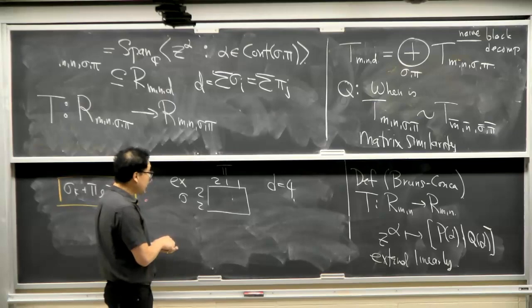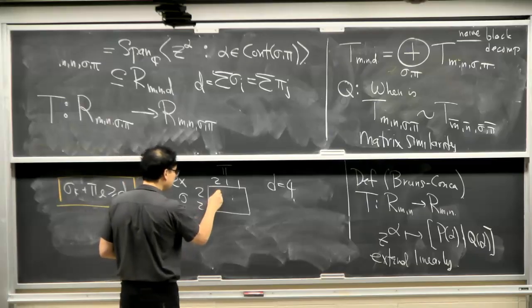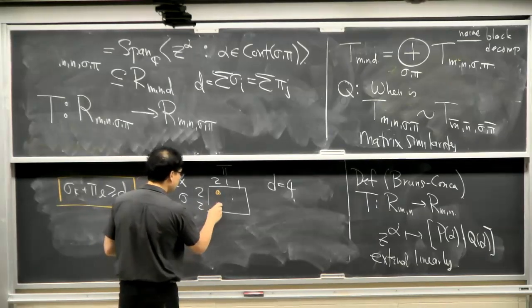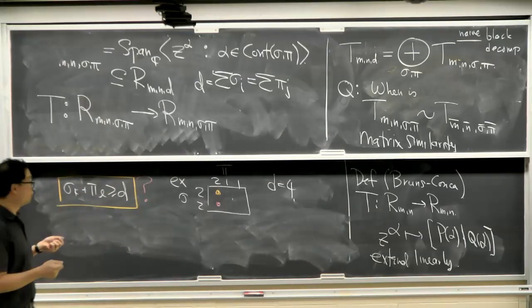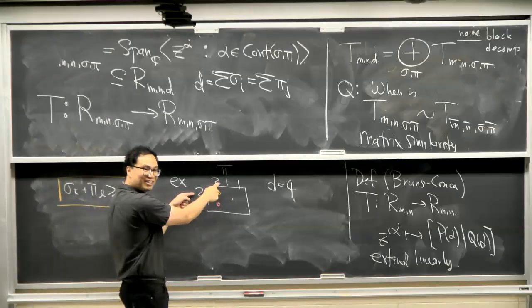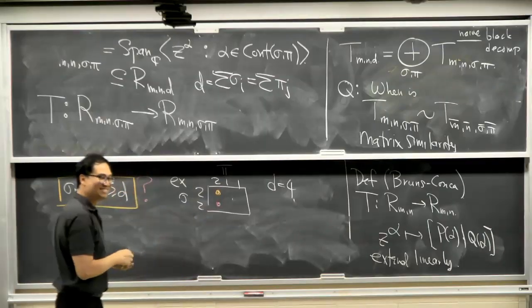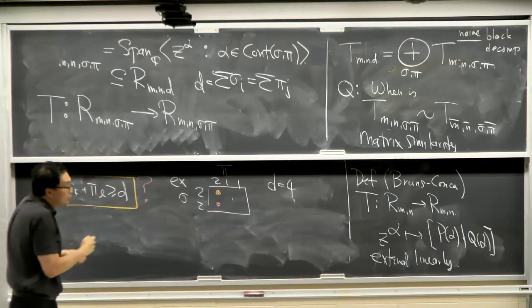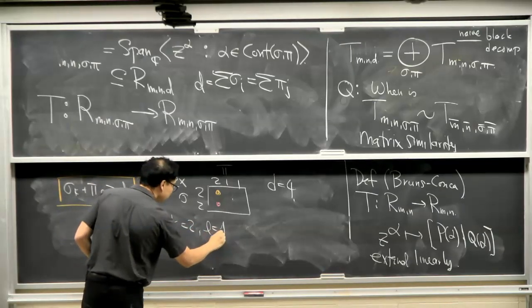And you'll notice that according to the condition, I'm allowed to use this position or this position. These are two places where sigma k plus pi L is greater than or equal to 4. In other words, 2 plus 2 is greater than or equal to 4. So let me choose k equals 2 and L equals 1.